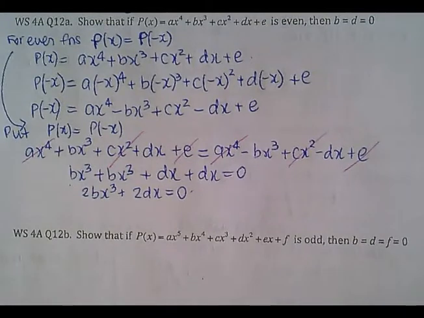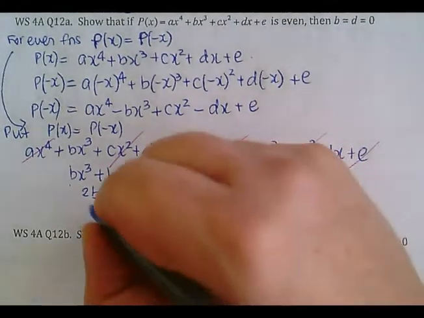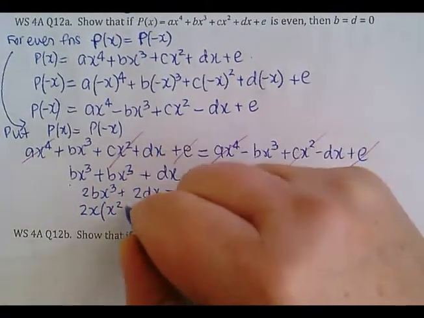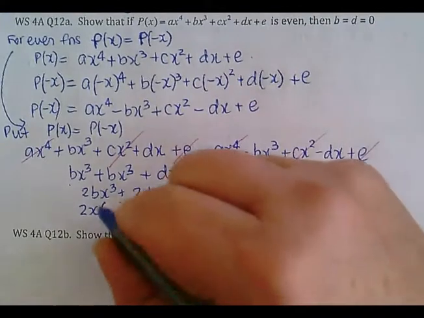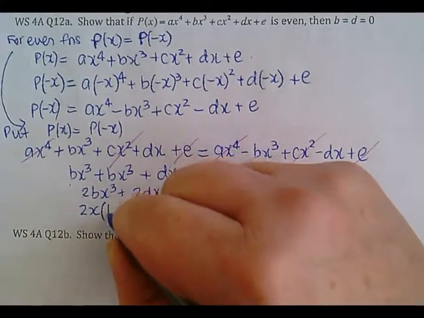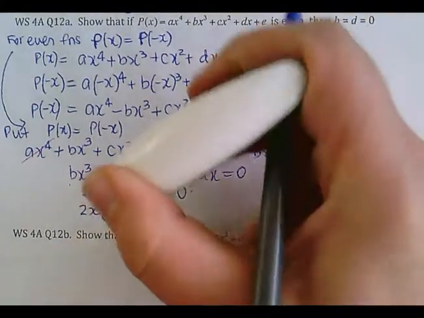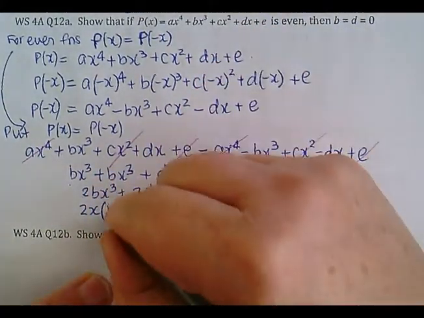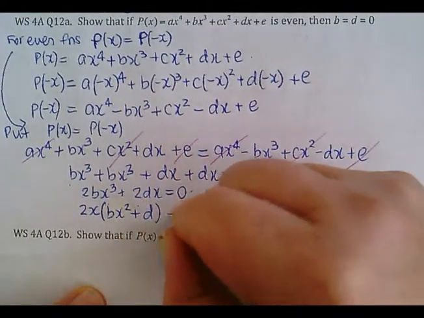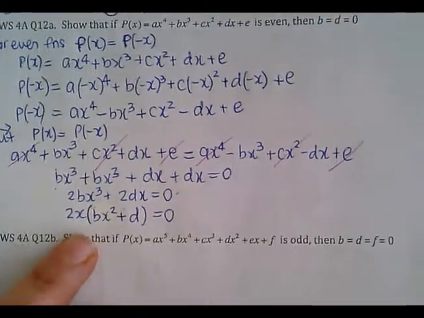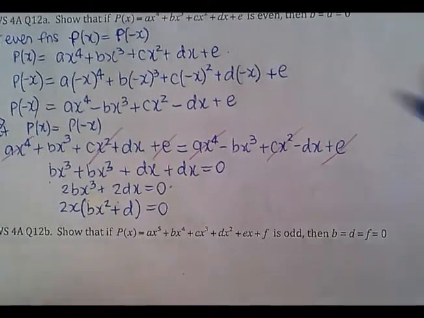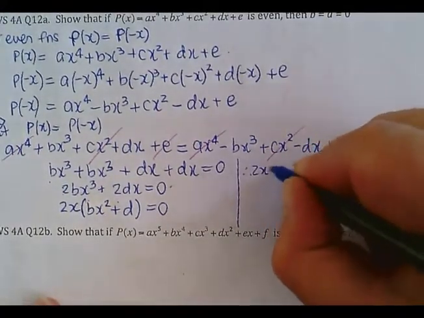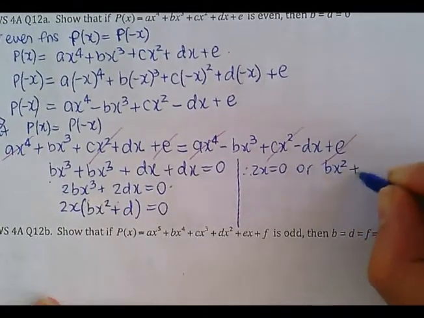How do I solve this? Factorize. Take out a 2x. I've got bx squared plus d equals 0. So therefore, doesn't 2x equal 0 or bx squared plus d equals 0?